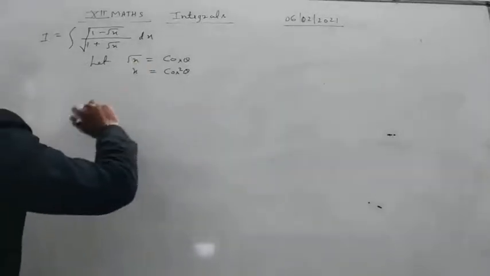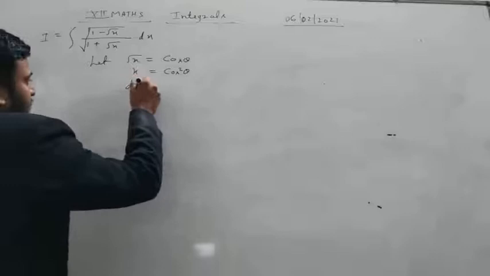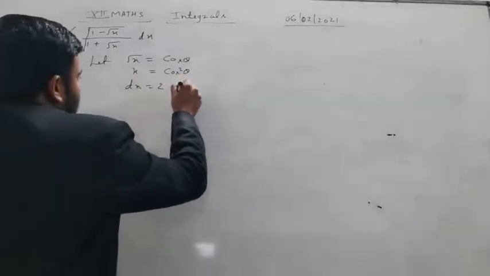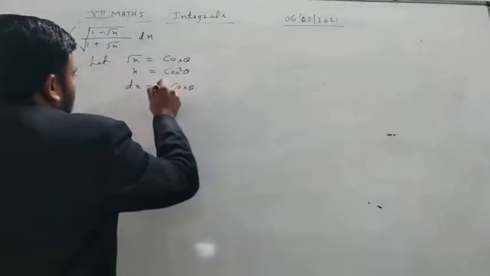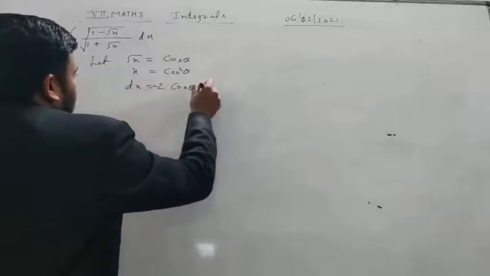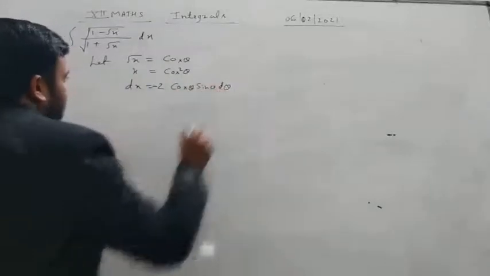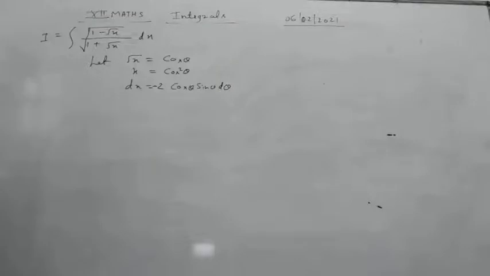Now we differentiate this, so we write dx is 2 cos theta times minus sin theta d theta. So the value of dx is minus 2 cos theta sin theta d theta.